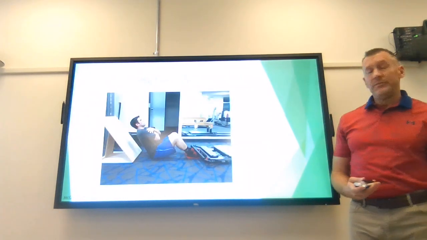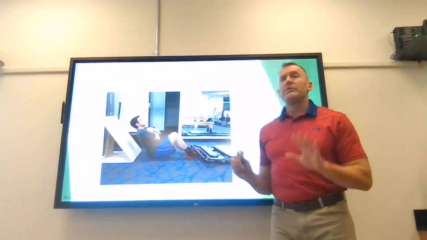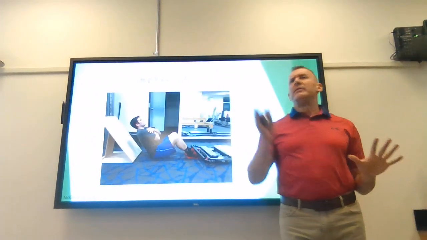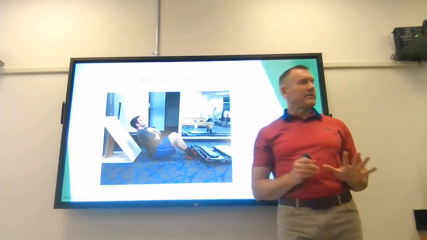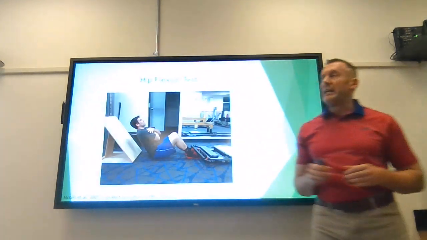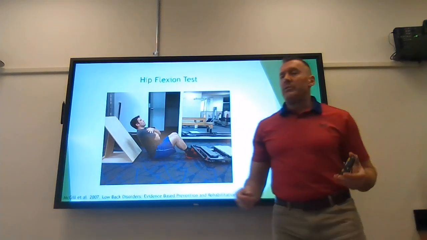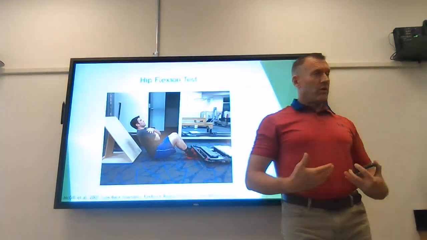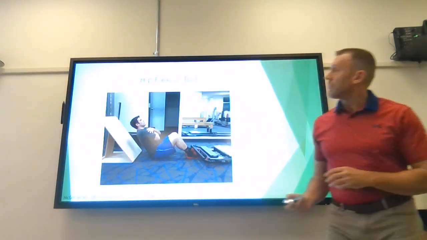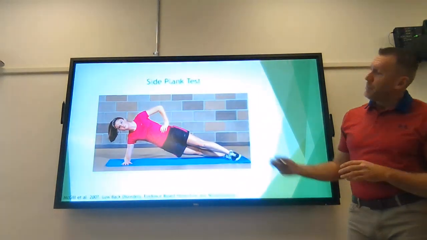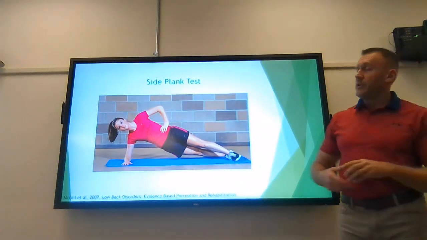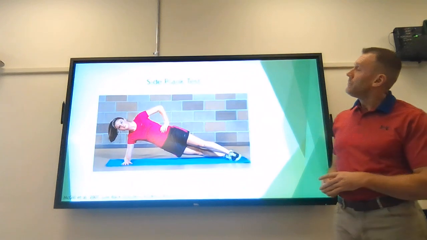So hip flexion. So those of you, anybody have biomechanics yet? You did? Yeah, you did this. Okay, so we do this as part of a biomechanics lab. So the hip flexion test, you're assessing the endurance of the anterior core muscles. This is the side plank test, so the lateral core muscles.